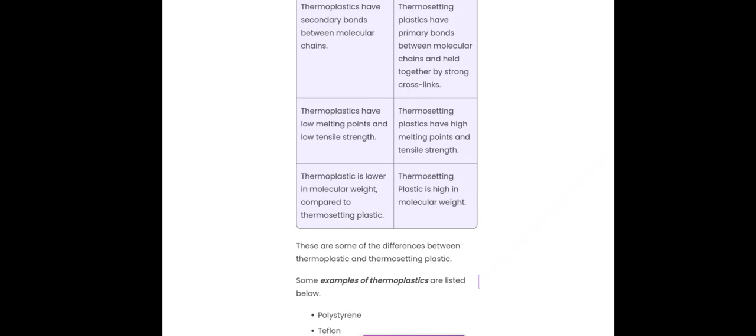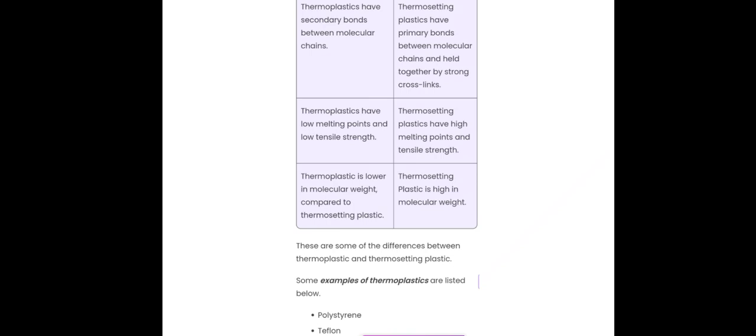The next point is that thermoplastics have low melting points and low tensile strength, whereas thermosetting plastics have high melting points and high tensile strength.